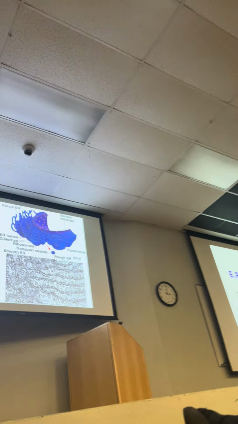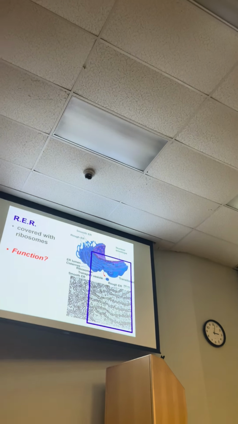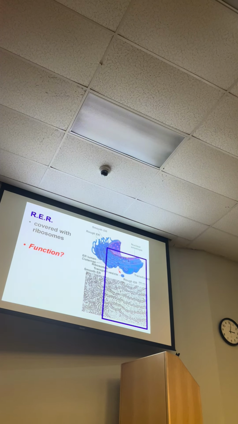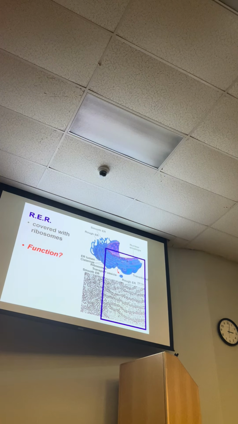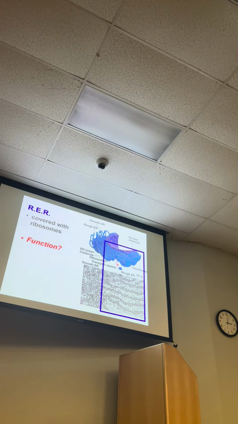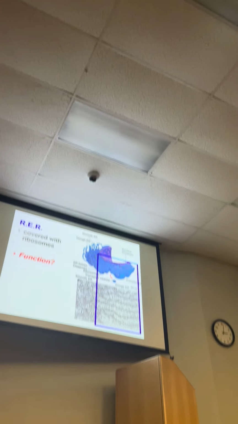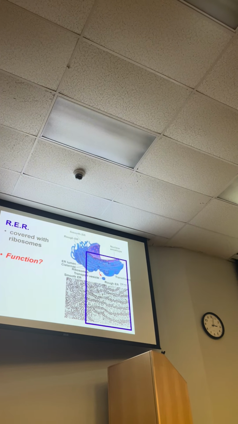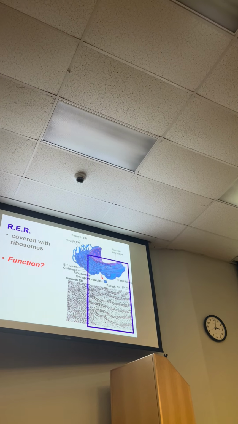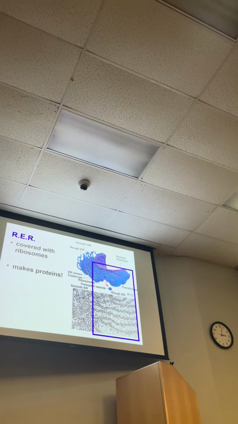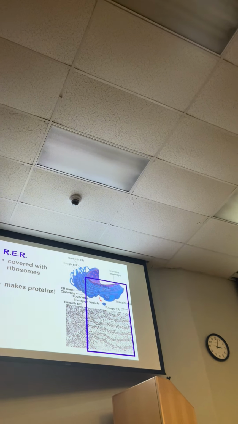So technically it's a part of the endomembrane system. Again, rough ER is so named because of the presence of ribosomes. All these are ribosomes, and you can see them in the cartoon here. So I don't even need to do anything. What does the rough ER do? What does it make? Proteins. Proteins, absolutely. It's covered with ribosomes. Of course it does.